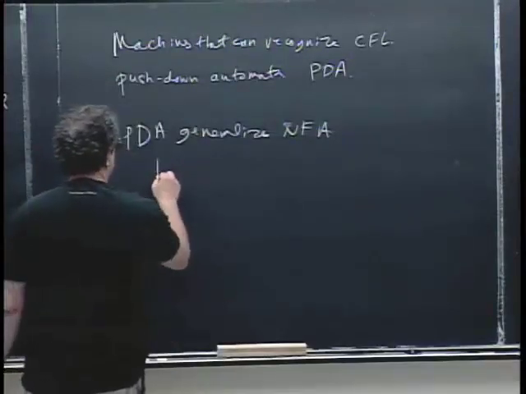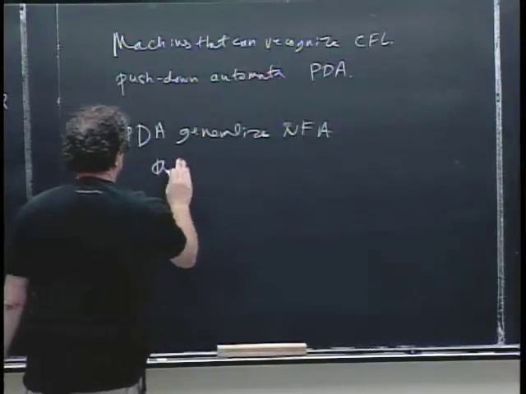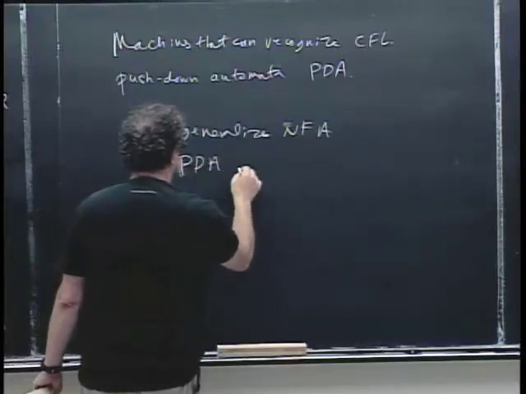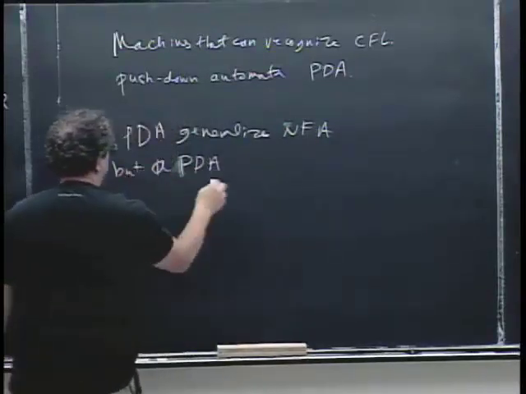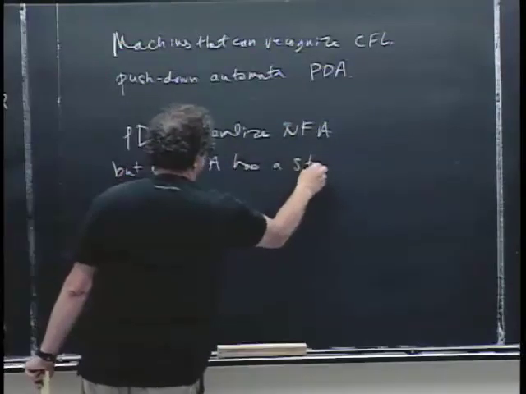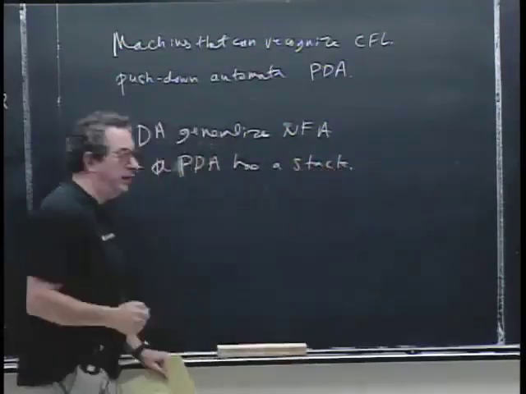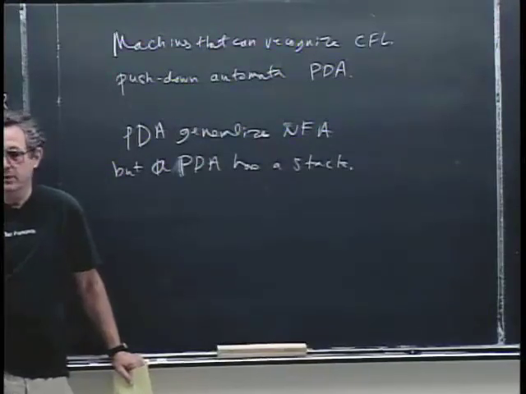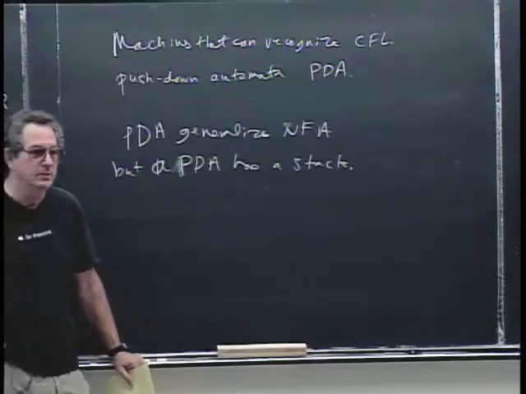A PDA generalizes an NFA, so it's pretty much like an NFA, but a PDA has a stack. It can write onto a memory device. A memory device is a stack. It can only push. Whenever it writes, it puts something on top of the stack, and whenever it reads from the stack, it always reads from the top of the stack. I'm sure everybody here is familiar with what a stack is. It comes up in programming.